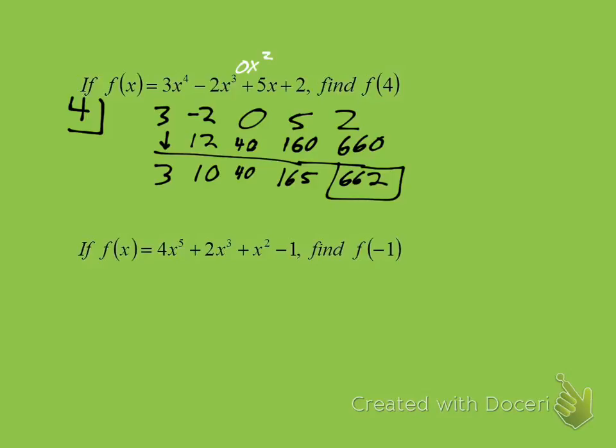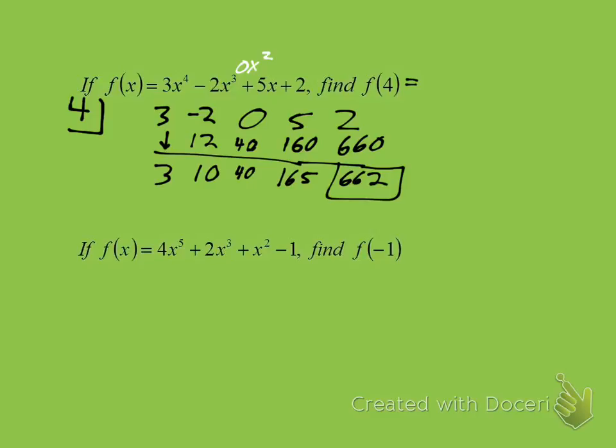What am I looking for then? What's my answer? For this type of problem, if I want to find what f of 4 is, my answer is going to be a... Think about what we just did the first time.